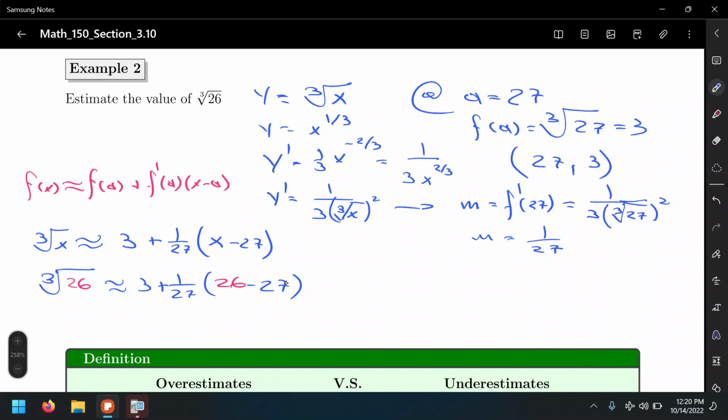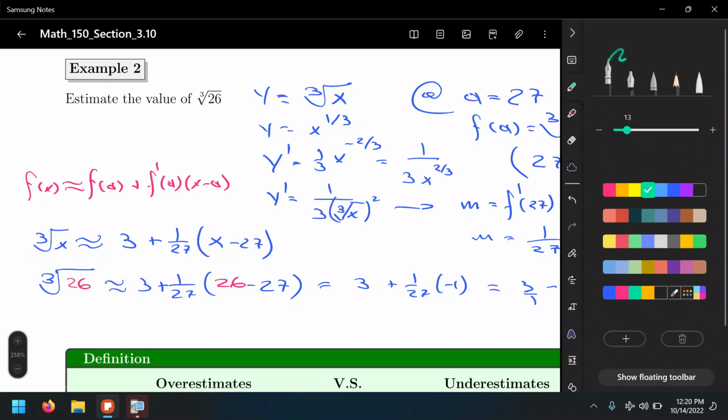So that's going to be 26 minus 27, isn't that a negative 1? So that's 3 plus 1/27 times a negative 1, or 3 minus 1/27. Well, let's combine these numbers together to get an exact answer.